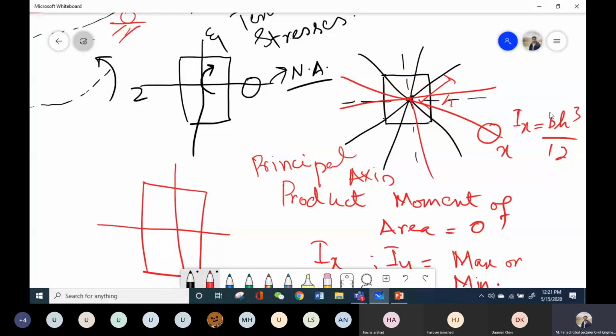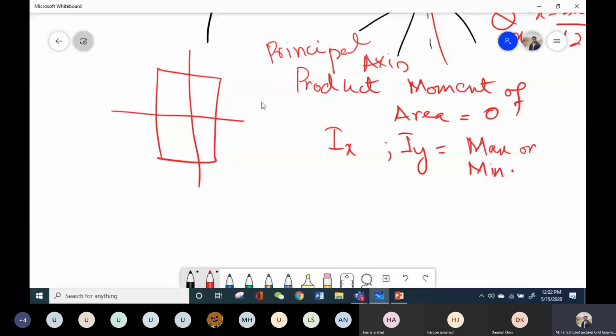But this second moment of area may not be maximum or minimum. There will be only one axis, or one set of axes, around which the second moment of area is maximum or minimum, and the product moment of area is 0. That axis is known as the principal axis.